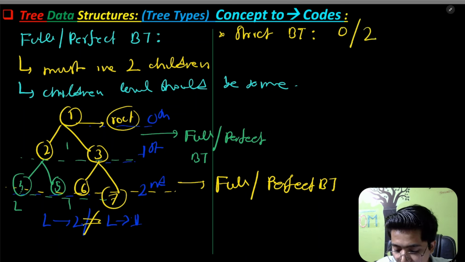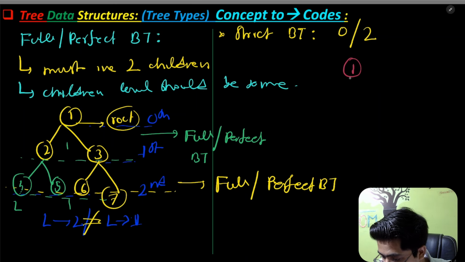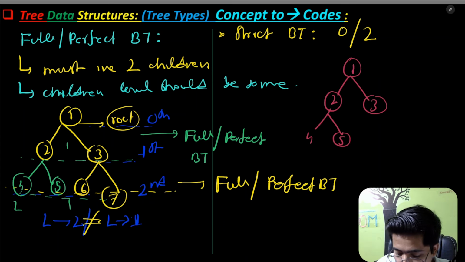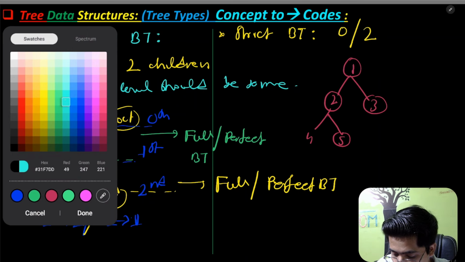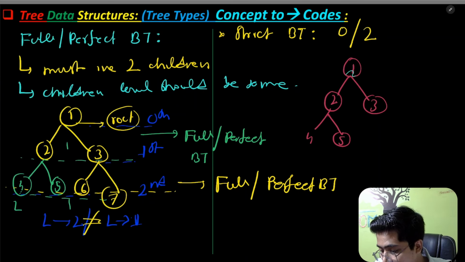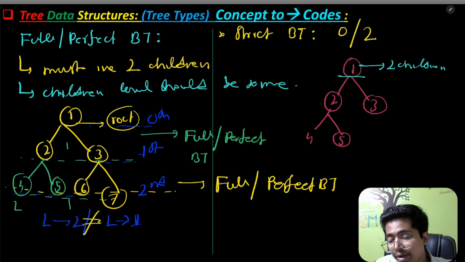Suppose we again observe the same example: 1, 2, 3, and 4, 5. Now notice this example. Node 1 has strictly two children, 2 and 3.